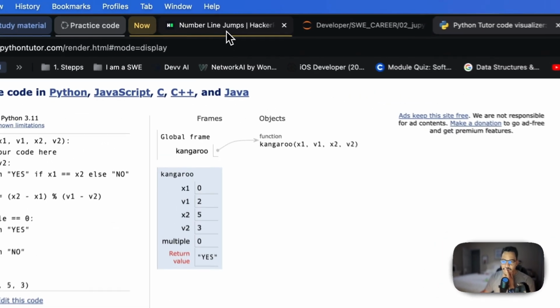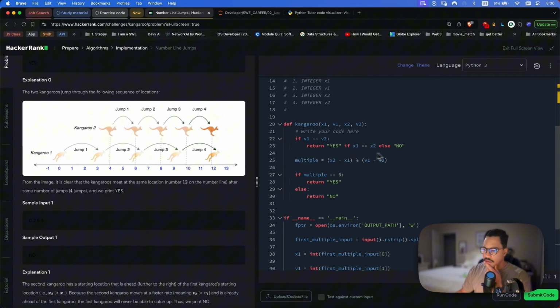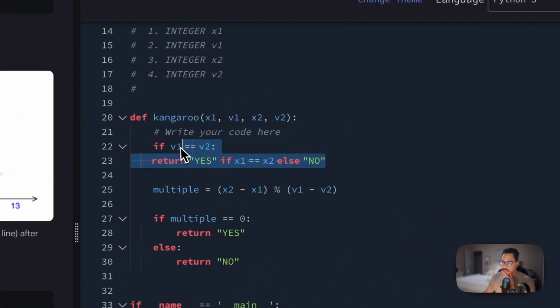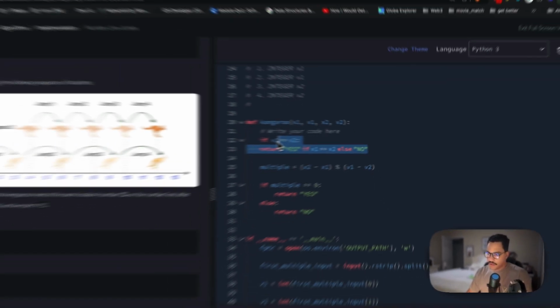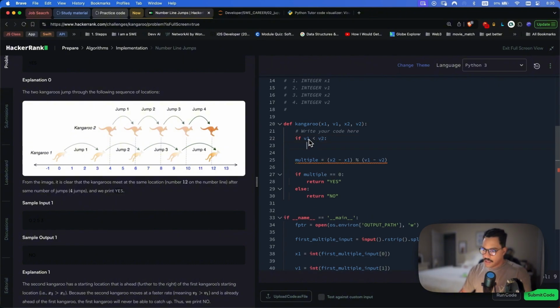But I can rule something out, since I'm assuming that one kangaroo is always going to be faster than the other. I could say if the velocity of the first kangaroo is less than the second... No, and this might be completely wrong.